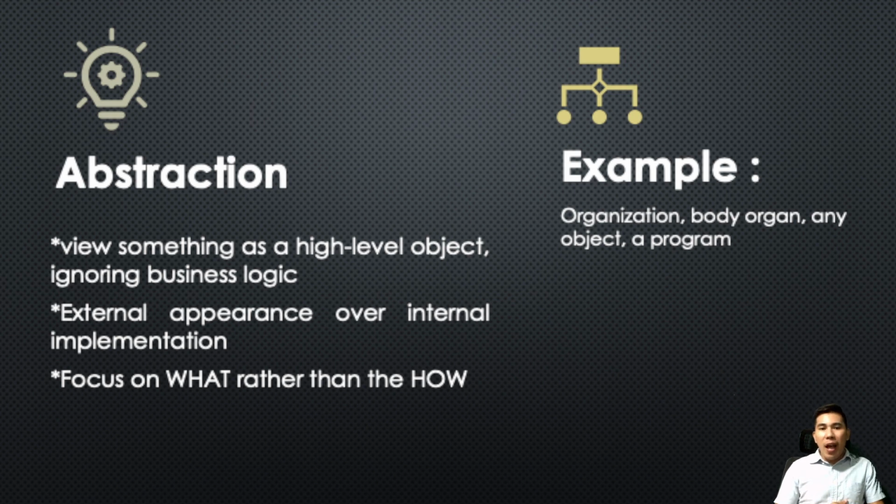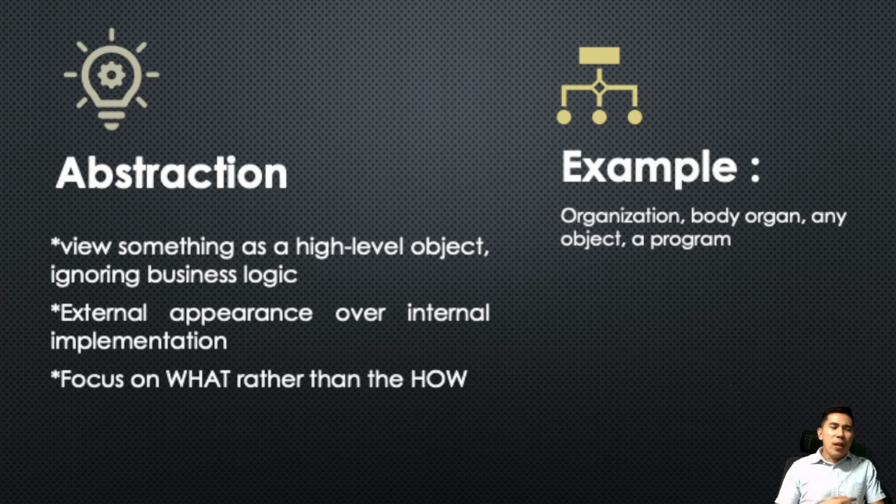For example, we have an organization, body organs, or any object or program. Like body organs, we have the reproductive system and the nervous system. We don't actually have to know what they are made up of. Only specific professionals, like surgeons or doctors, should know that.